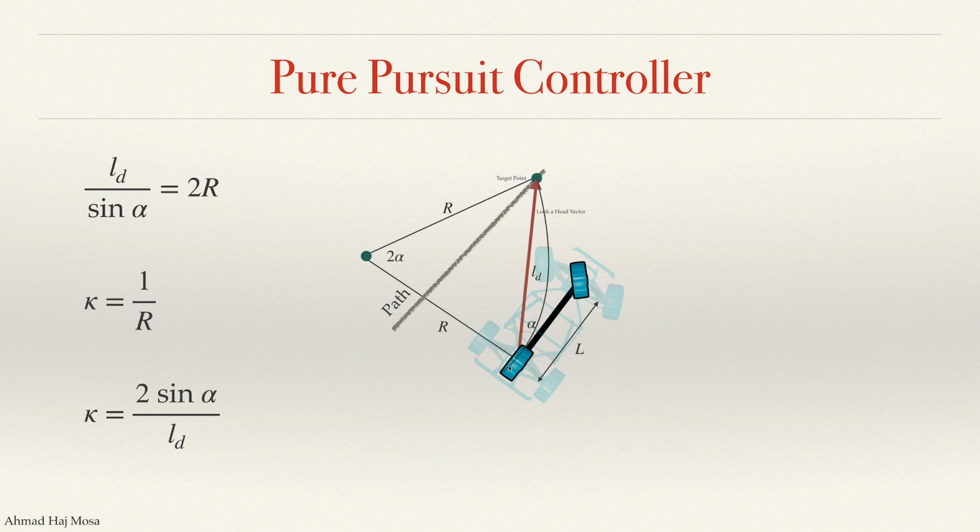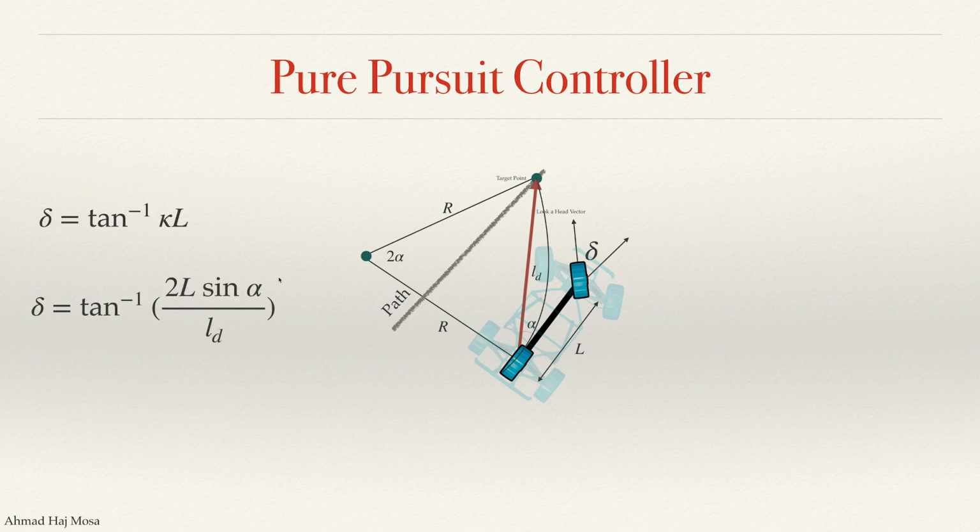If we know that curvature, we can directly derive the steering angle of the bicycle model. If our steering angle is delta, and kappa is our curvature, then from the bicycle kinematic model, which you can look up, the steering angle is equal to the arctan of kappa, the curvature, multiplied by L, the distance between the rear and front wheels.